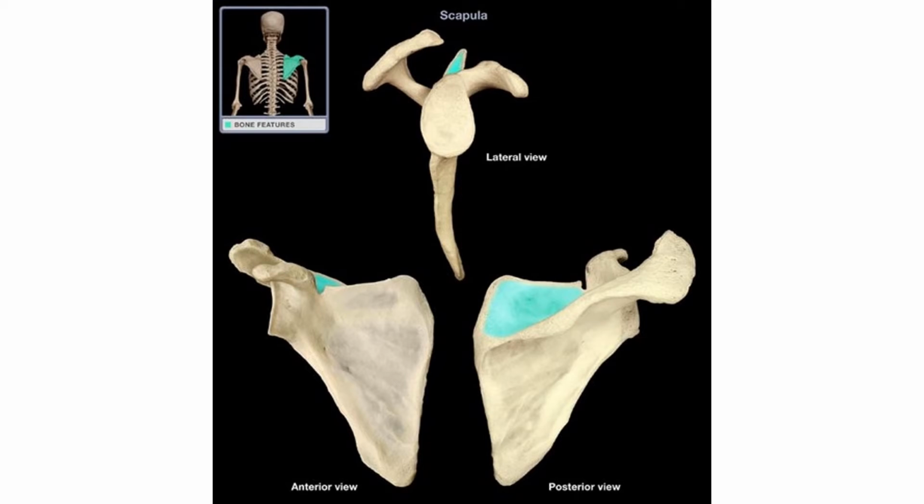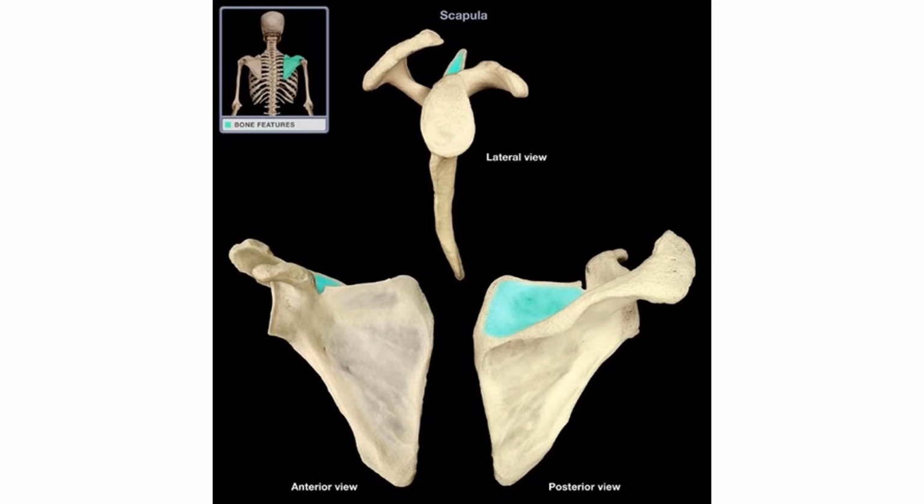What is the shape of this area? It is a depression. Therefore, it deserves the description of being a fossa. And this fossa, because it is superior to the spine of the scapula, is called the supraspinous fossa, and it gives origin to an important muscle called supraspinatus.